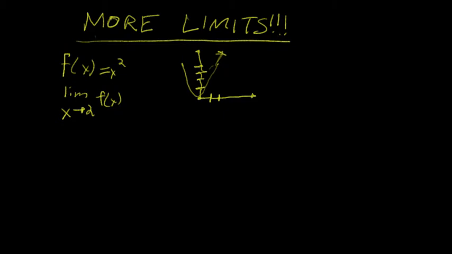We also looked at square root of x, and I'll draw that here briefly. 1's on the graph, this is g of x equals square root of x.